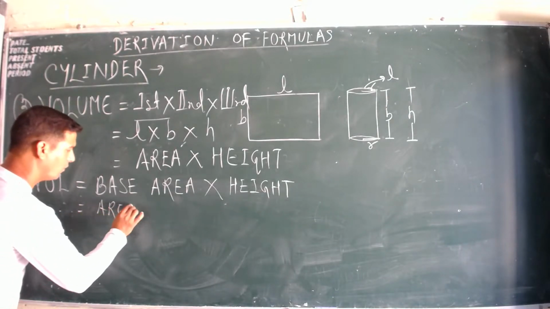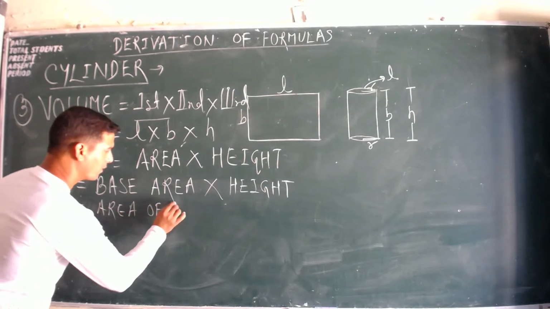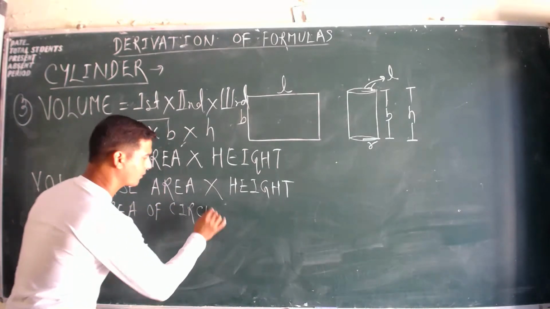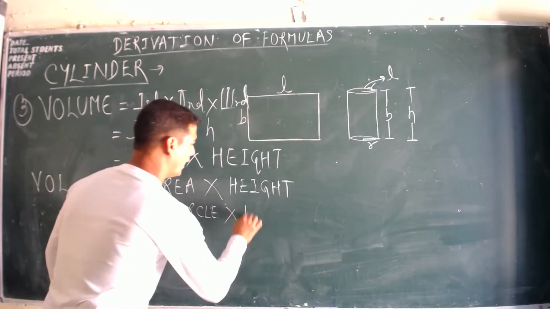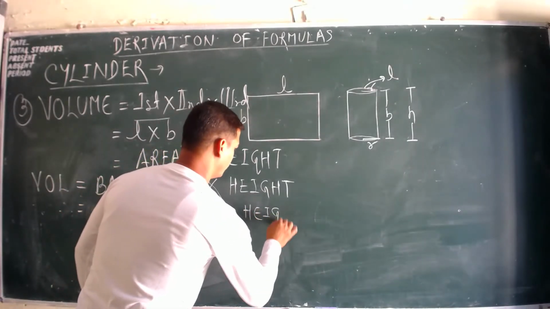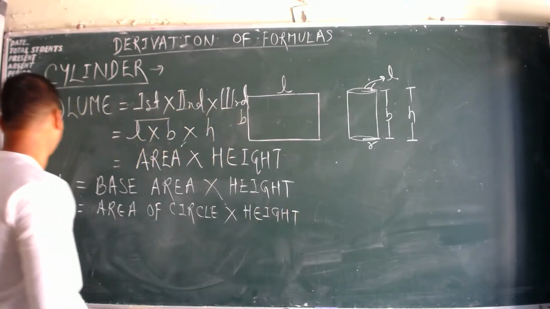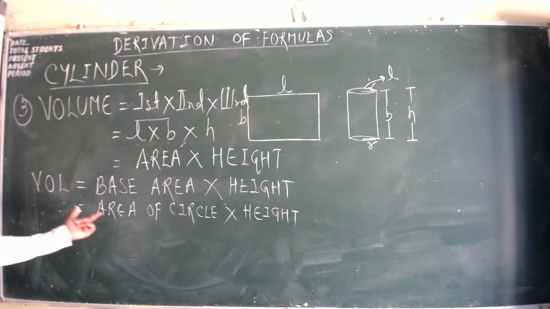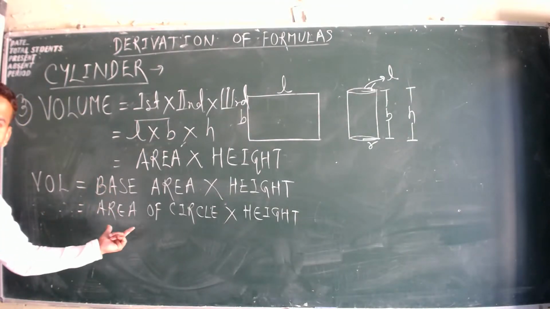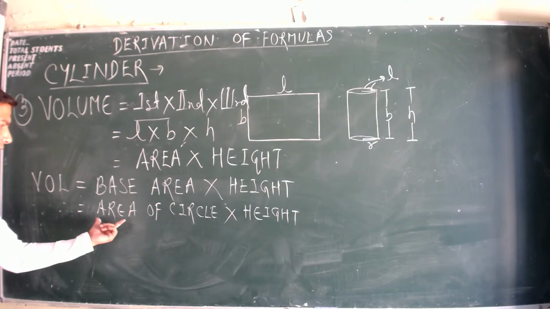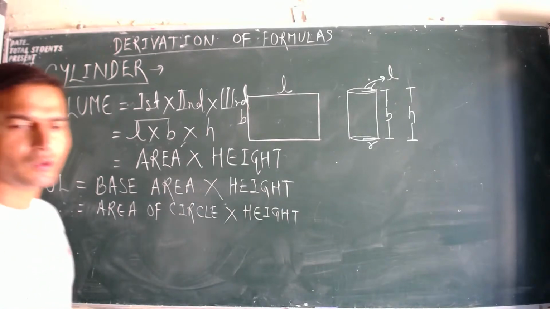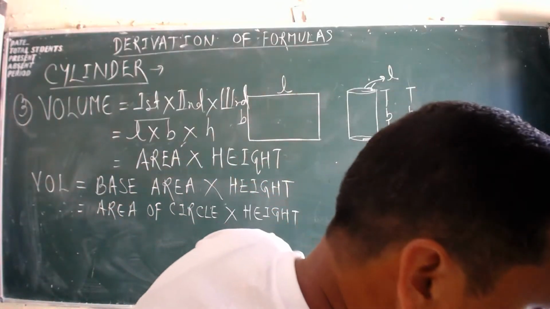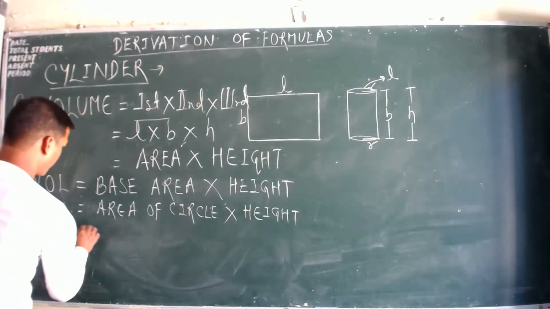So here base area will be area of circle into height. So the volume of cylinder will be the base area, because the base is circular, so area of circle into height. You know the area of circle. What is the area of circle?